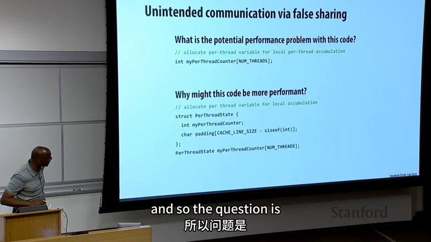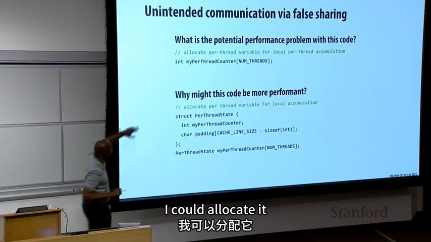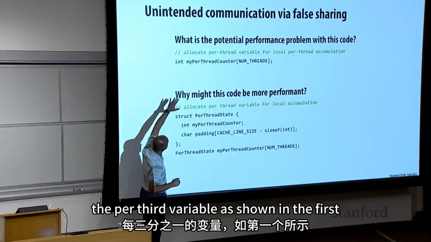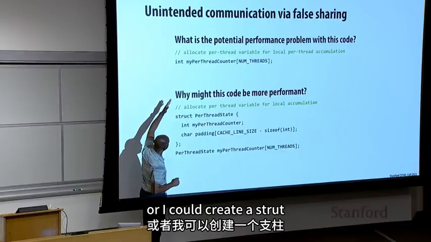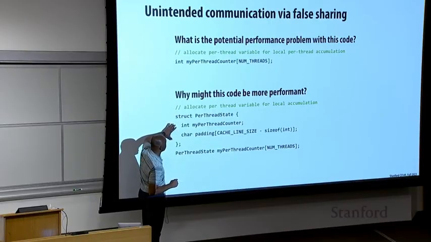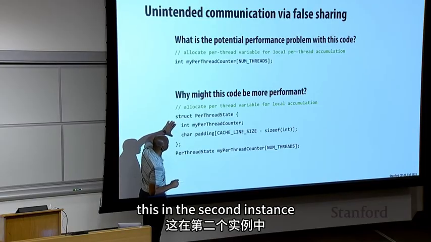And so the question is why I could allocate the per-thread variable as shown in the first instance, or I could create a struct that looks like this in the second instance.